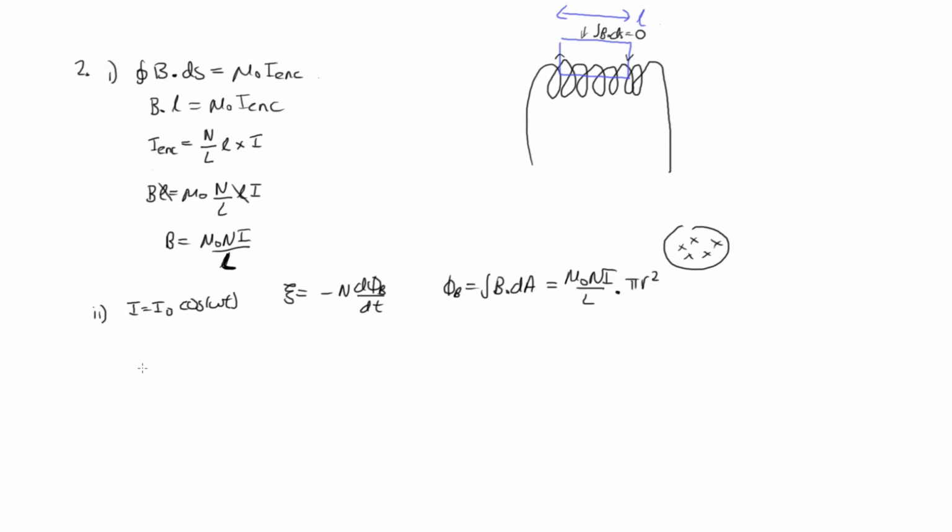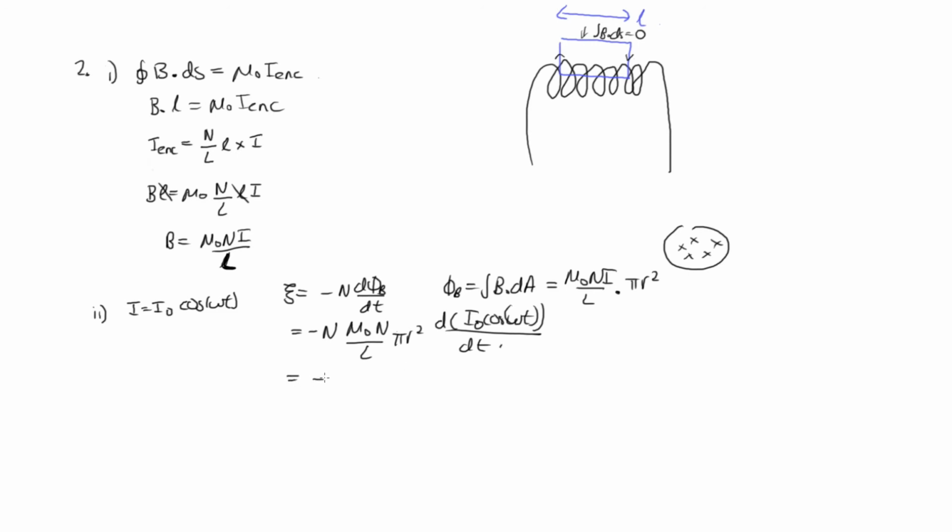To work out the EMF, we have minus N times, and we just need to worry about which of these change with time. Everything remains constant apart from the current, so we can pull out all the constants: mu naught N on L pi r squared, and then we've got d of I naught cos omega t dt there.